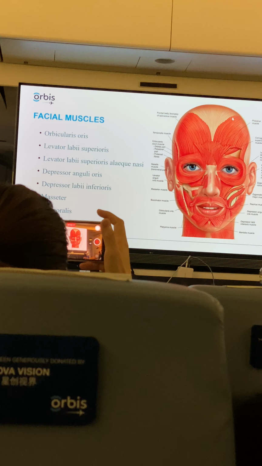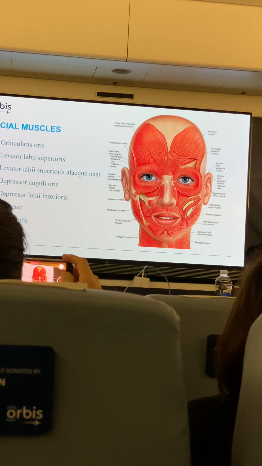All of these muscles work together for facial expression, and they move the brow as well as the eyelids.